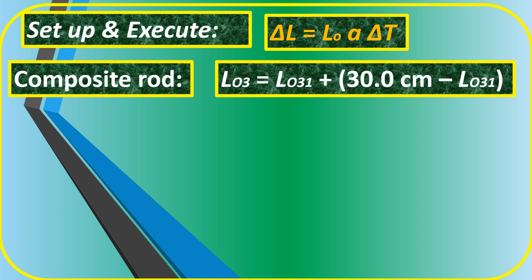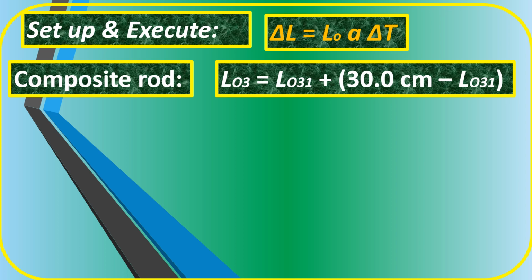In other words, if one portion of the composite rod, the rod 1 portion, is represented as L naught 31, therefore, the rod 2 portion is represented as 30.0 centimeters minus L naught 31.